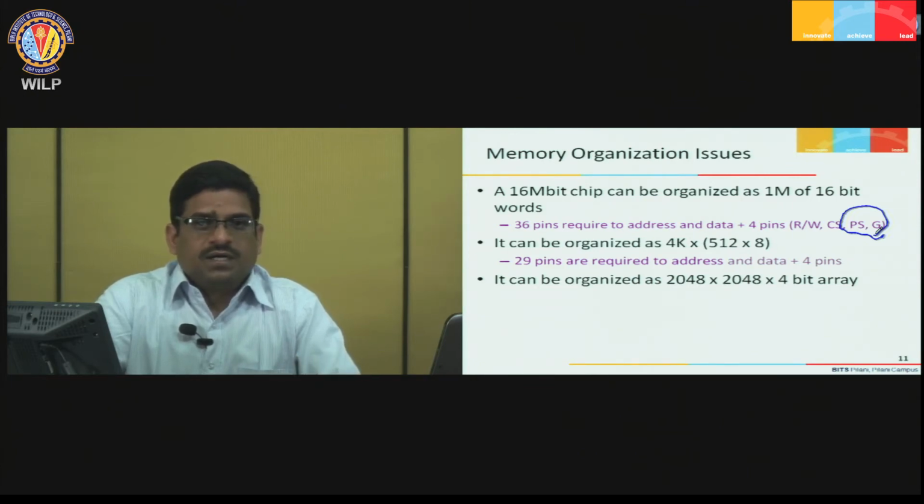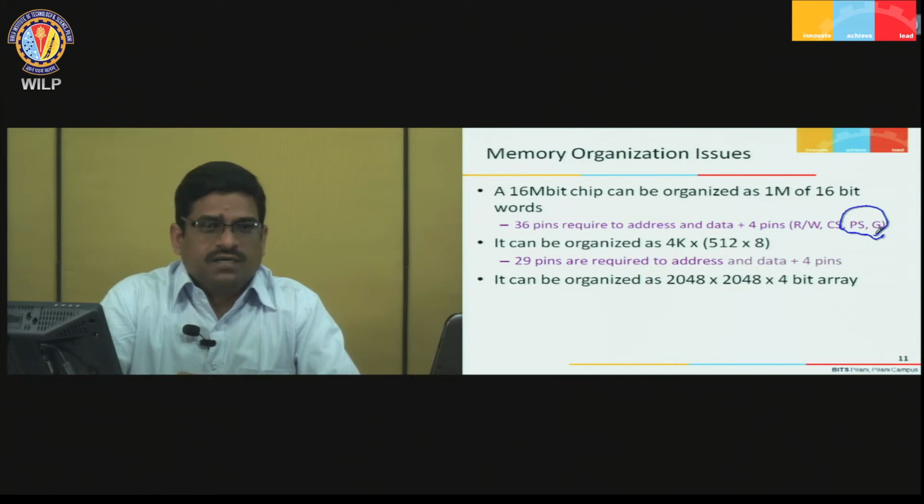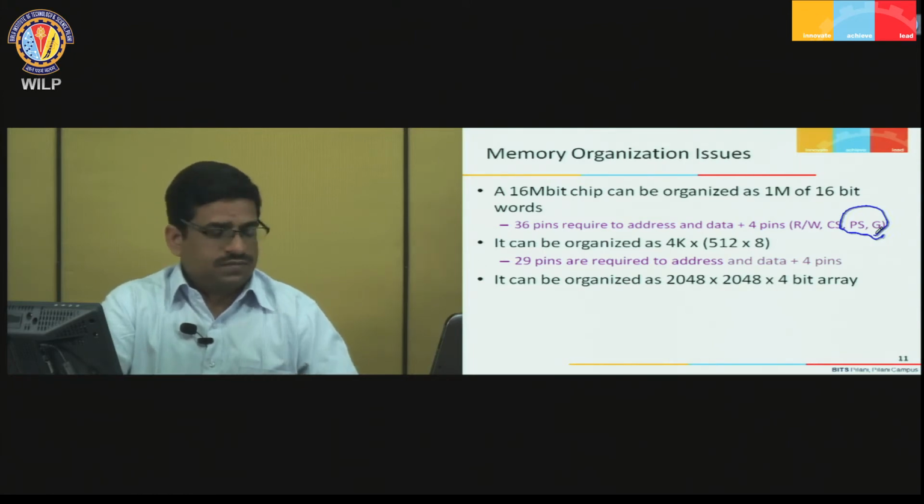Data, 512 columns are there. So, 8 for the data part, each column will give me 8, and the row address and column address will be 12 plus 9. So, 12 plus 9 is 21, 21 plus 8 is 29, plus 4 pins for the control pins, that are always required for any kind of organization.